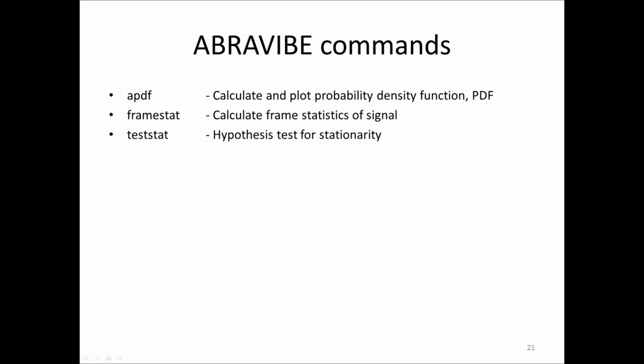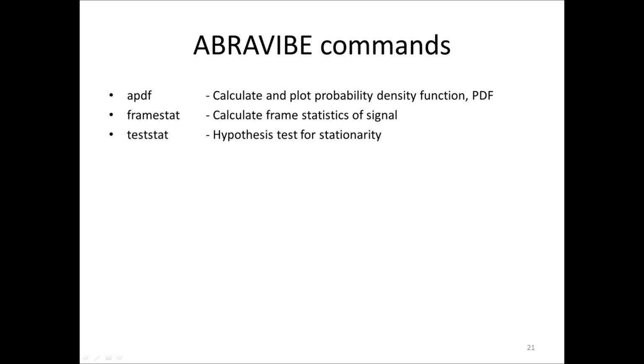Finally, we should mention a couple of commands in the ABRAVIBE toolbox that are important for testing normality and stationarity. First, for testing if data are Gaussian, the command apdf that we mentioned before can be used because it can plot the PDF of both the data based on a histogram and based on the mean and standard deviation of the data computed.